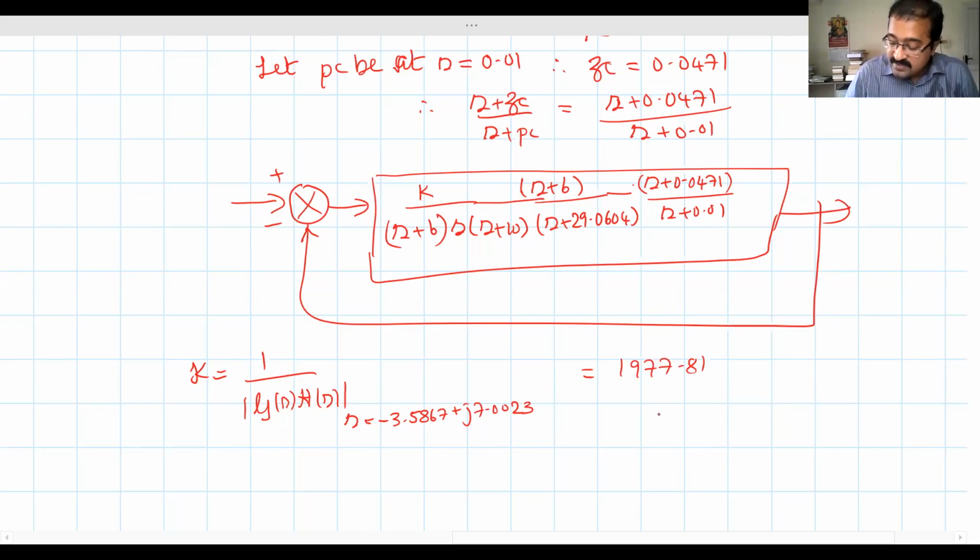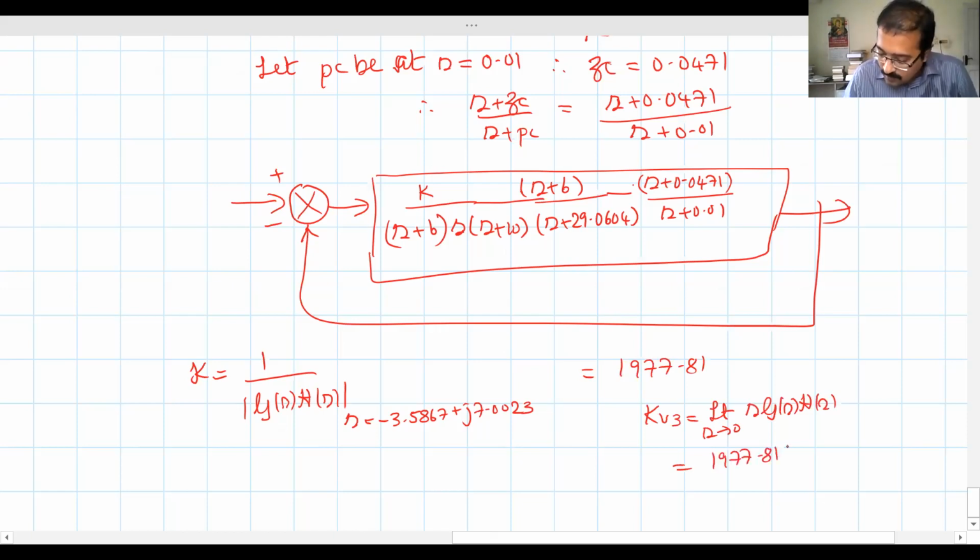So what will be the static velocity error constant Kv3? Limit s tends to 0, s into G(s)H(s). So substitute that and see what you are getting. K value we had found 1977.81, into, these two will get cancelled, 0.0471 divided by 10 into 29.0604 into 0.01.